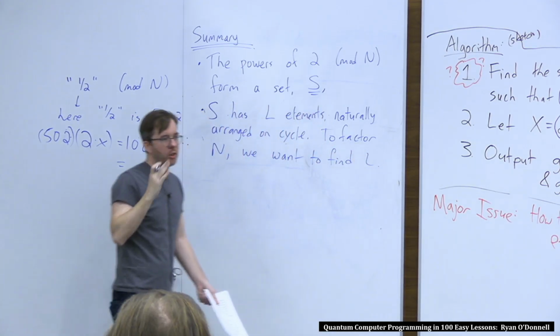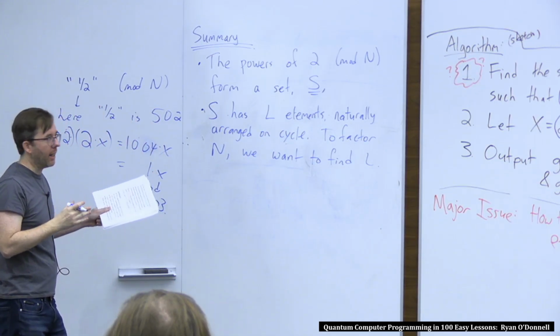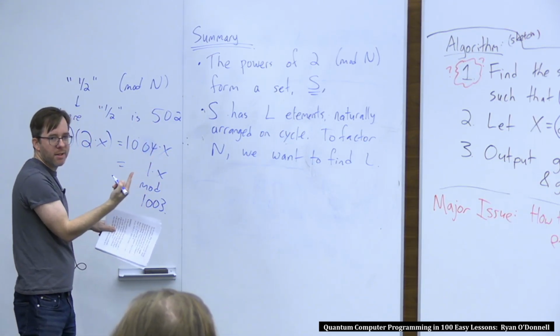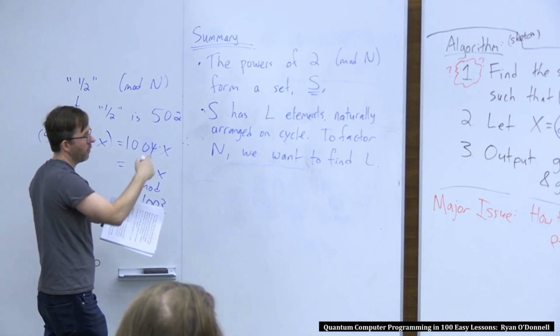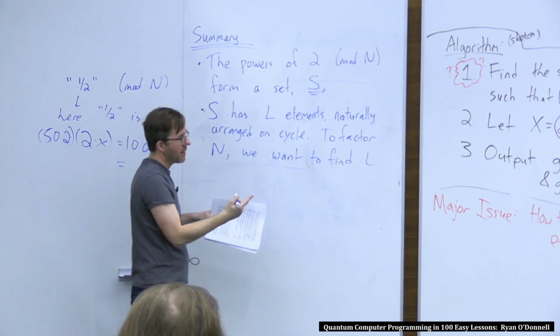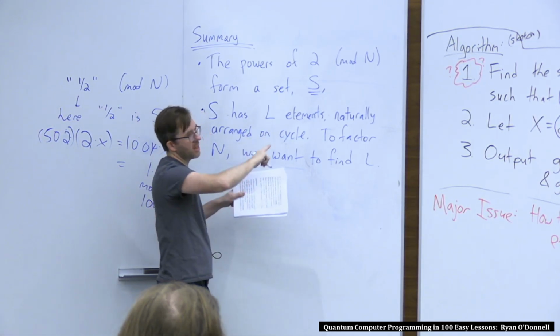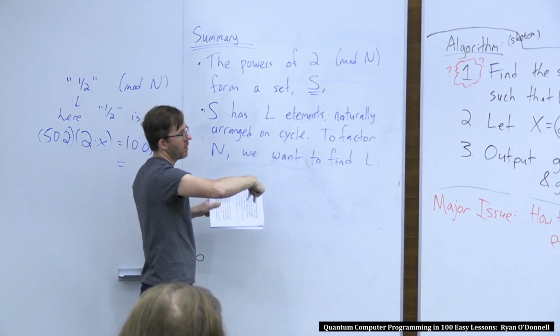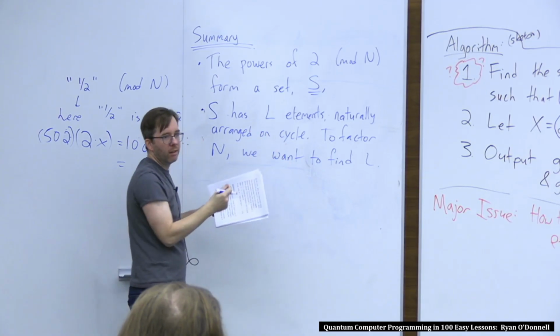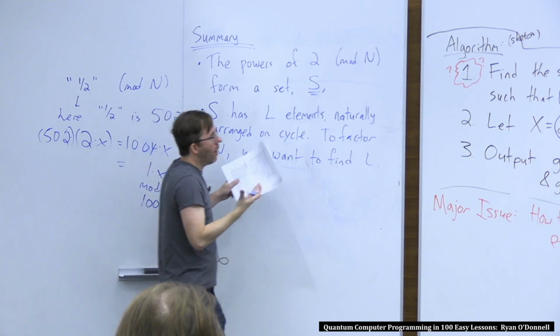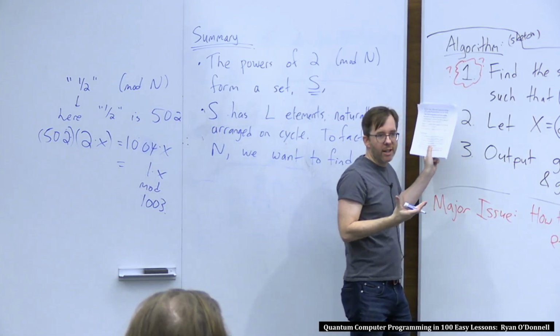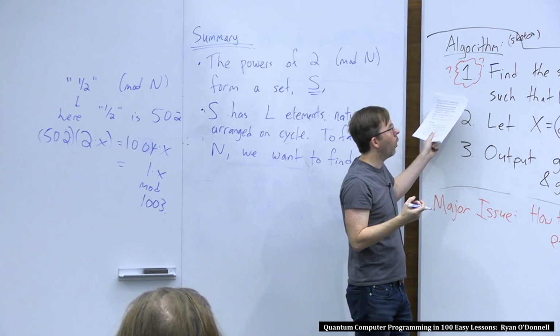Okay, so there's a little bit of a psychological thing here. Whatever capital N is, this cycle exists, and it has some set S of all the numbers mod n in it, and maybe there's L of them. So this cycle, which includes 1 that you get by just doubling, has some length L. That exists. But the algorithm doesn't know what L is when it's given n. And that's actually the whole goal.